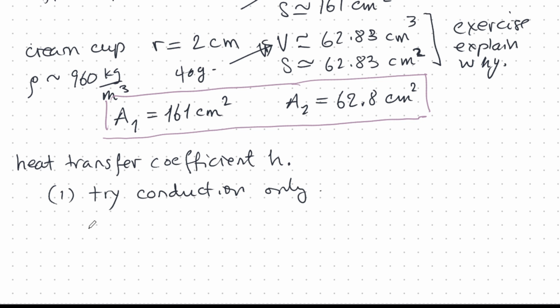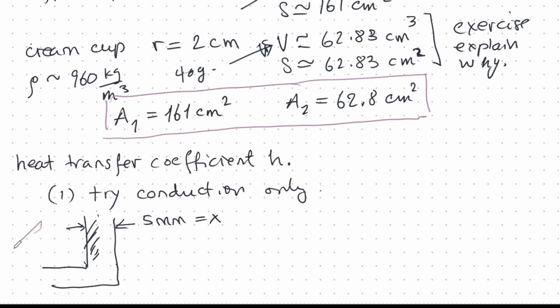All right, so we have a wall like this. Here's our coffee cup. Here's the wall of the coffee cup. Let's say it's from here to here, the width is 5 millimeters. So we'll call that X. And this is something that doesn't have a very good conductivity.